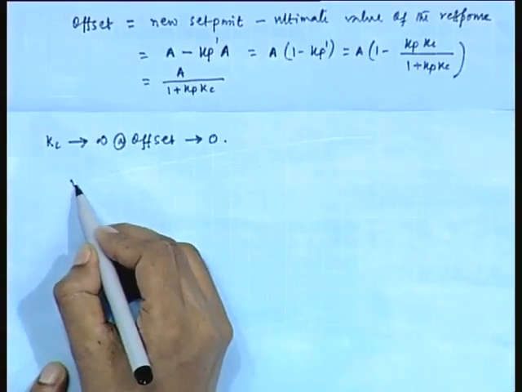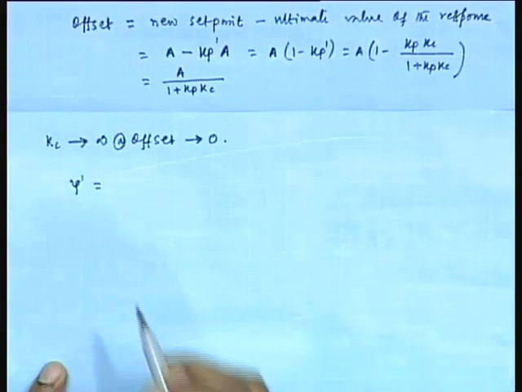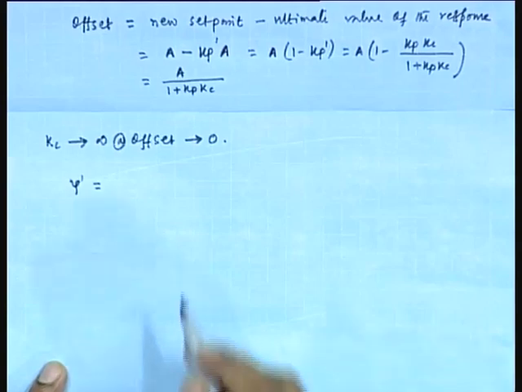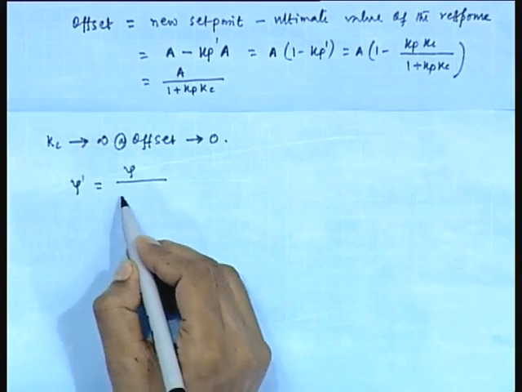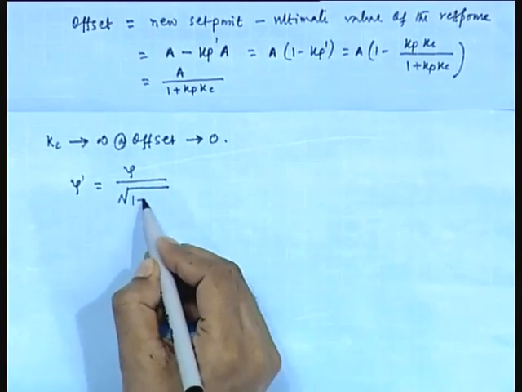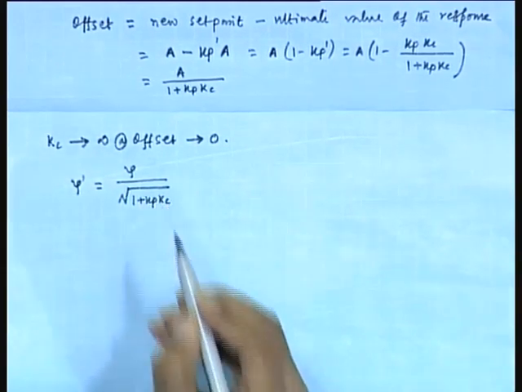Now, we will produce one plot to observe the dynamic behavior of the closed loop process. We obtained the expression of zeta prime as zeta prime equals zeta divided by root over of 1 plus Kp Kc.